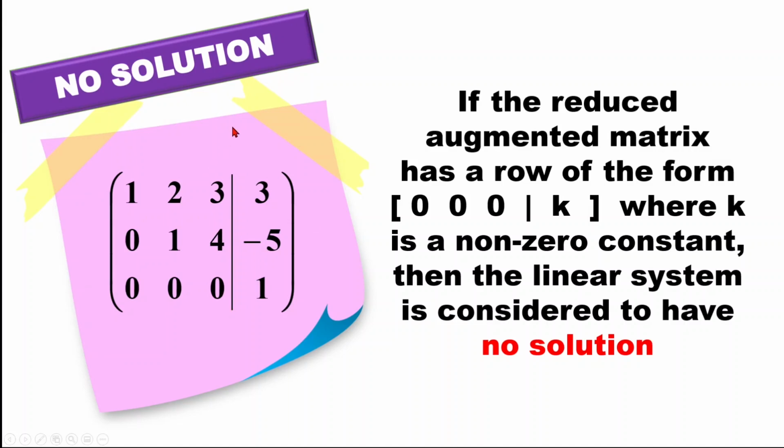Alright, so we have three types of solution when linear equations are transformed into a matrix. Now, the first type is when there is no solution.